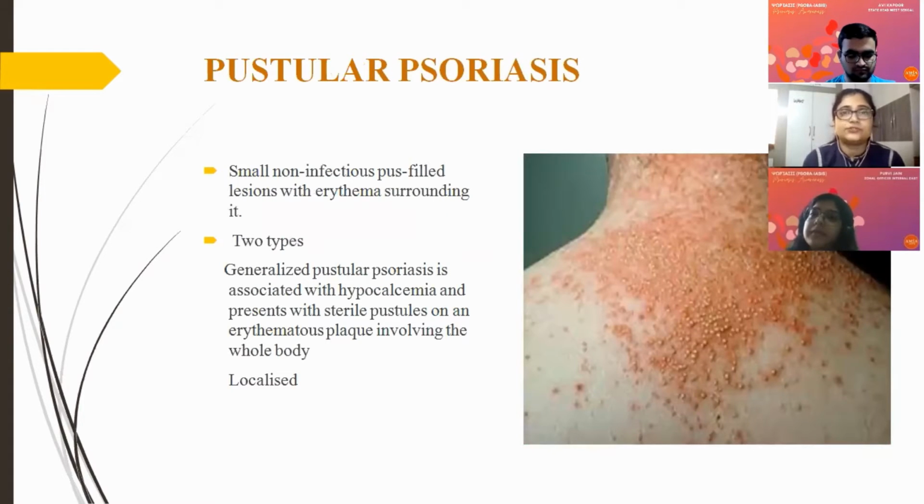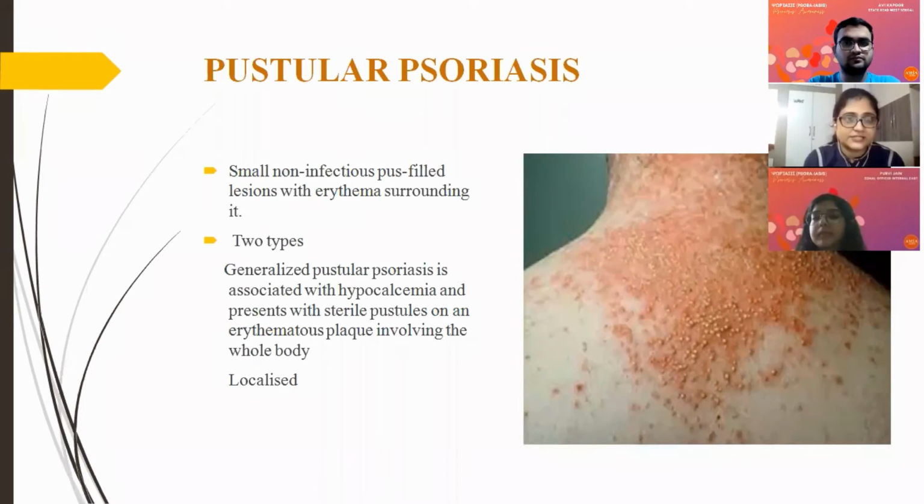Next is pustular psoriasis. As the name implies, there will be a collection of pus, with small non-infectious pus-filled lesions with erythema surrounding them. There are 2 types: generalized and localized.